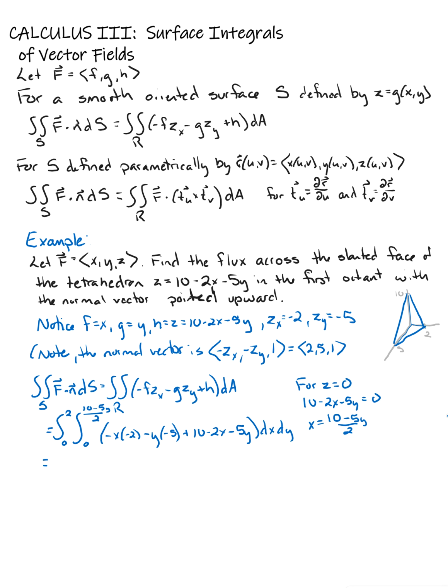But before we do that integration, let's clean this up just a bit. Let's see, what does that give us? It gives us 2x plus 5y plus 10 minus 2x minus 5y dx dy, and look at that, we can simplify that even more.